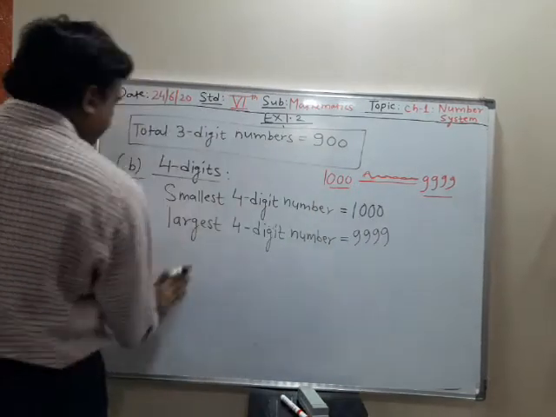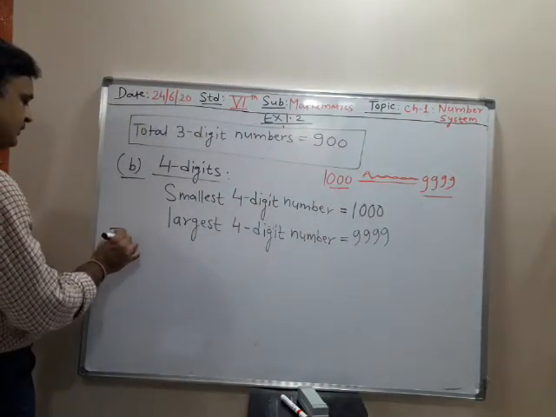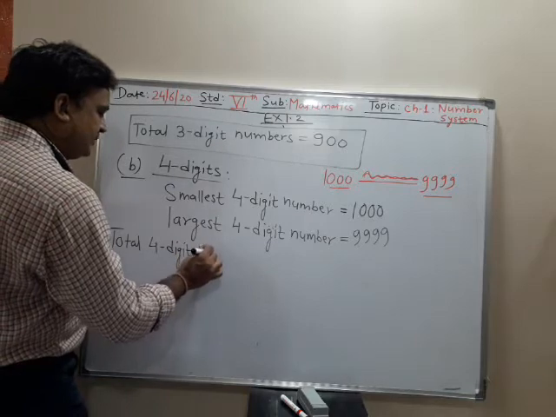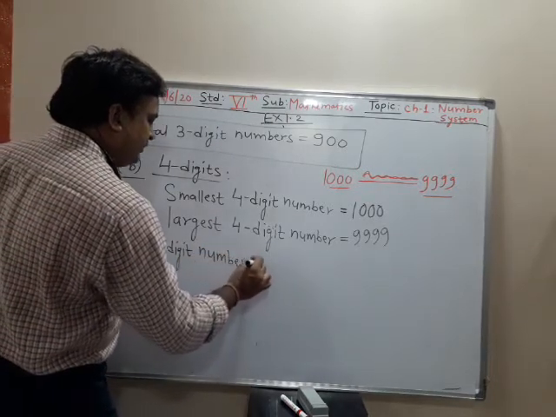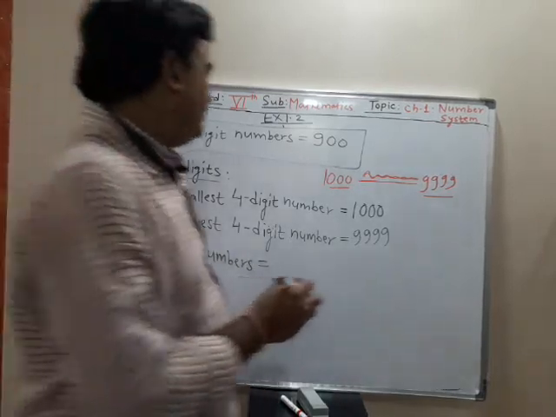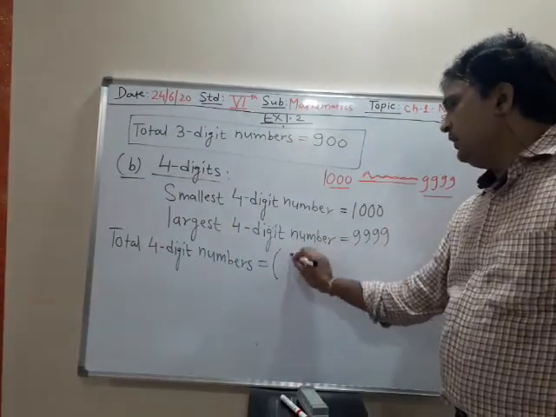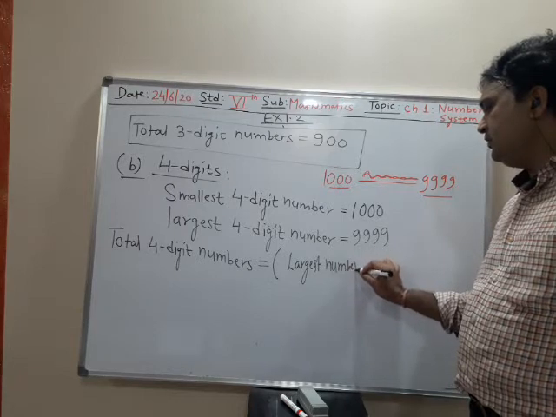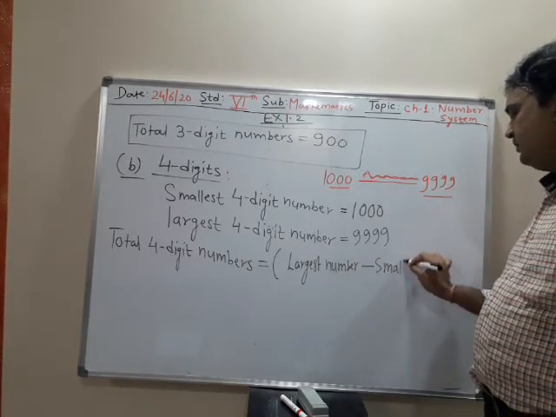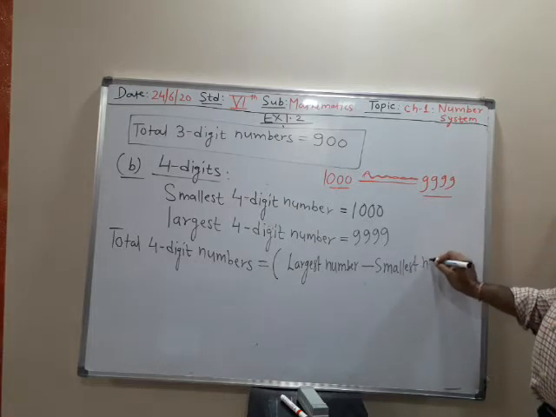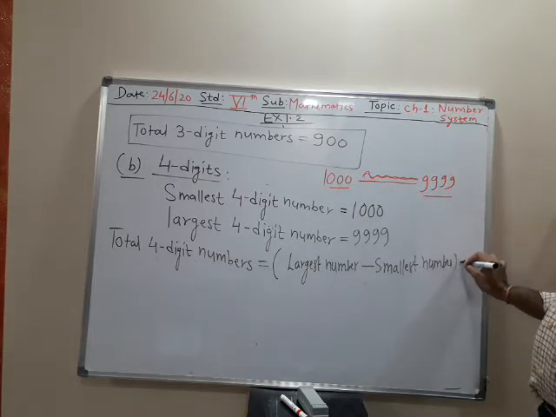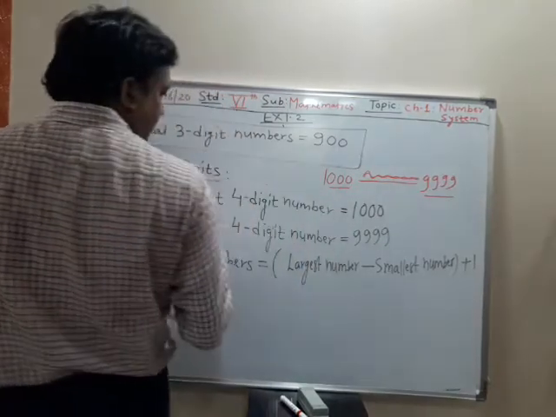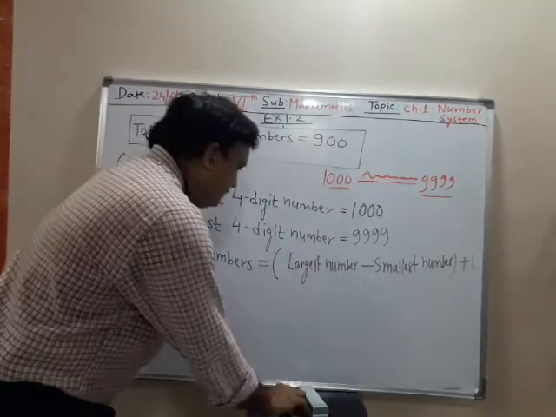So I will use the formula. Total 4-digit numbers: the formula will be largest number minus smallest number plus 1.